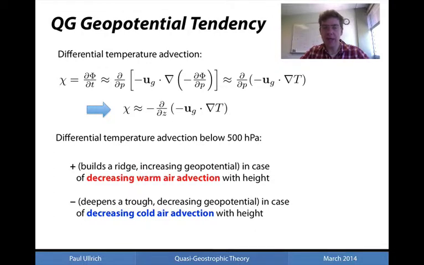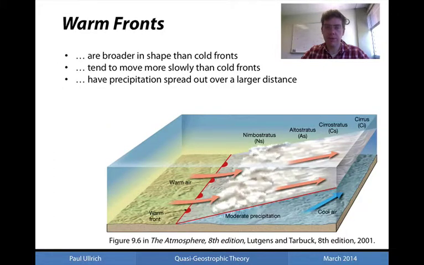Or if this term is negative, then this has a tendency to deepen the trough, decreasing local geopotential, and this is associated with decreasing cold air advection with height.